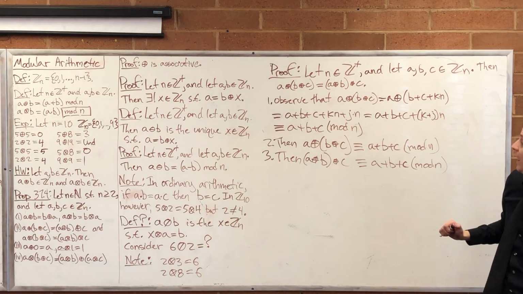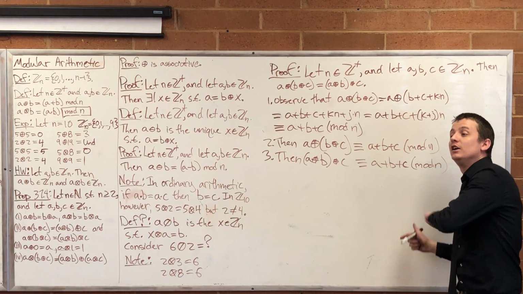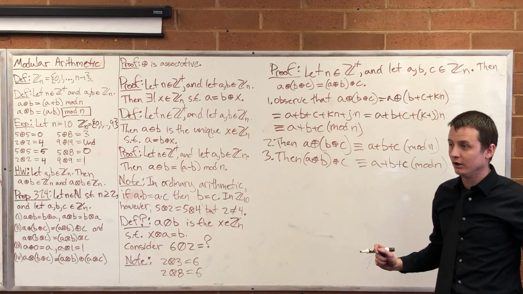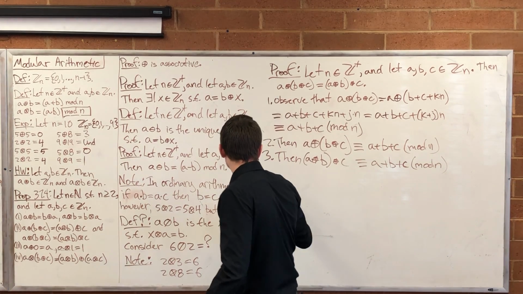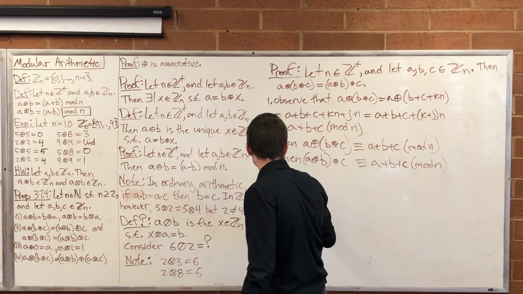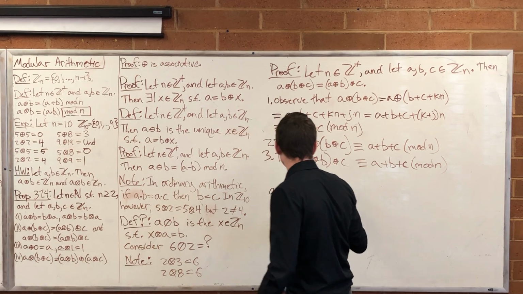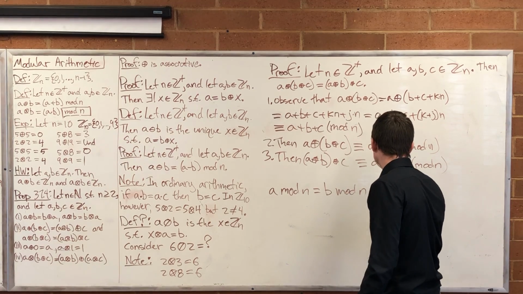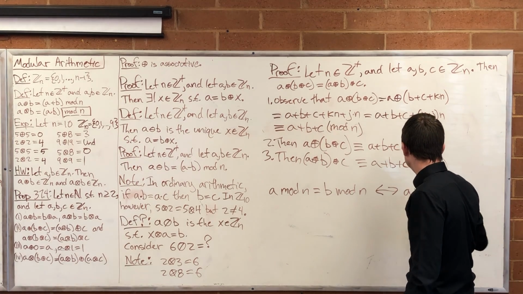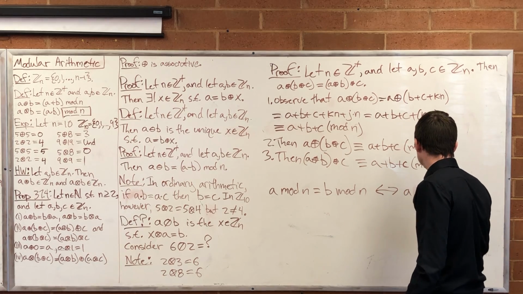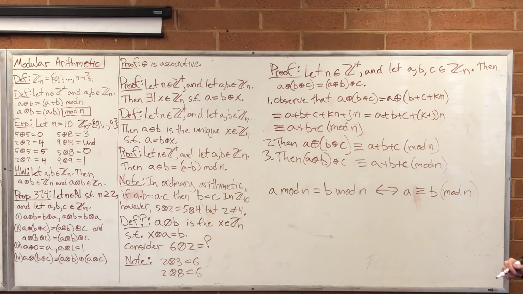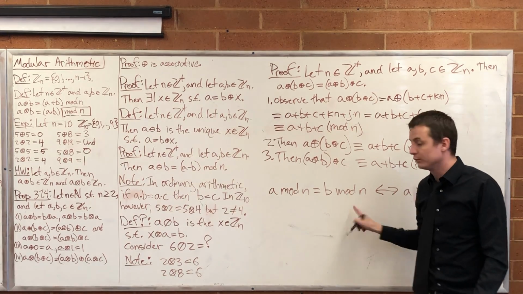So now, since we have those two things are the same mod n, you did a proof last week. It was the one that I told you you're probably going to get stuck on. And that was the proof that a mod n equal to b mod n is logically equivalent to a congruent to b mod n. Remember that proof? Yep. So that's what we're using. So we showed one's congruent to the other mod n, therefore they're equal to each other mod n.